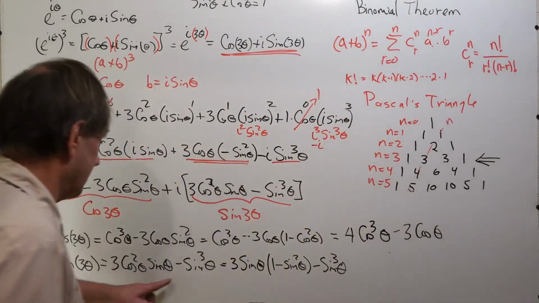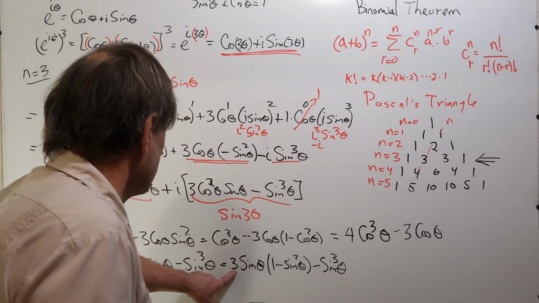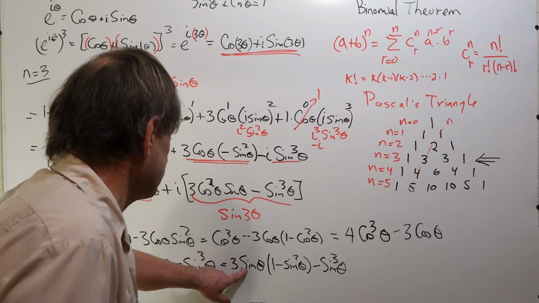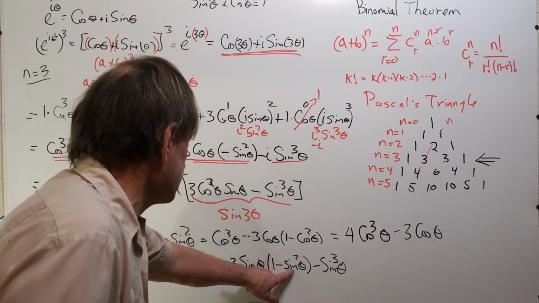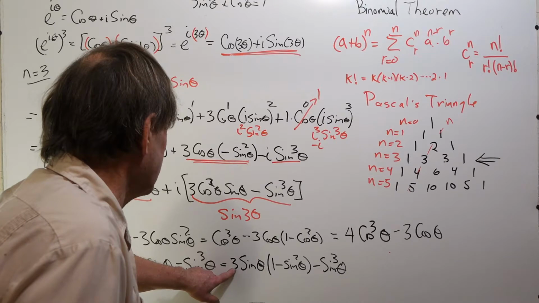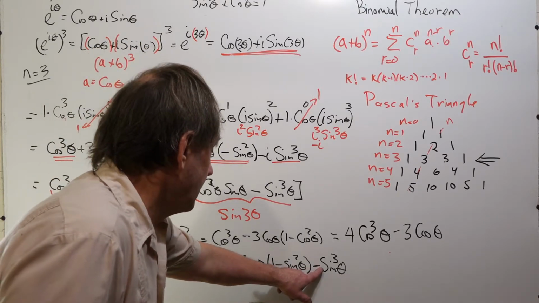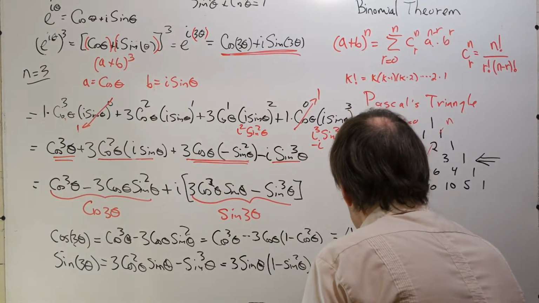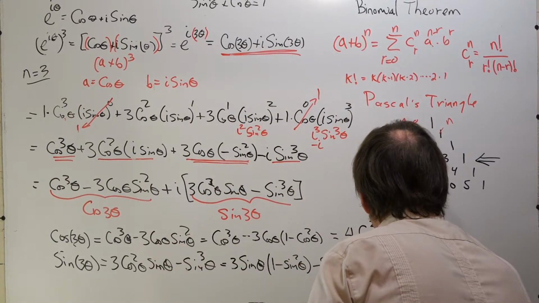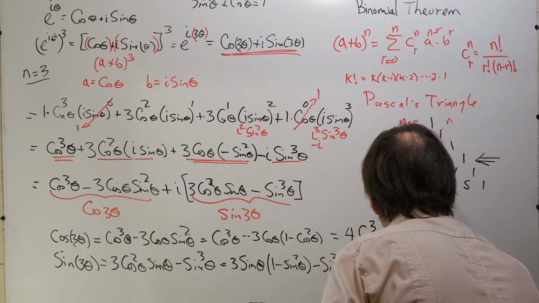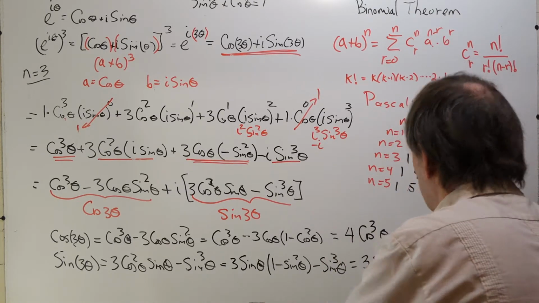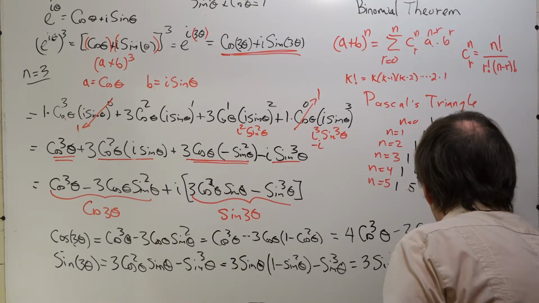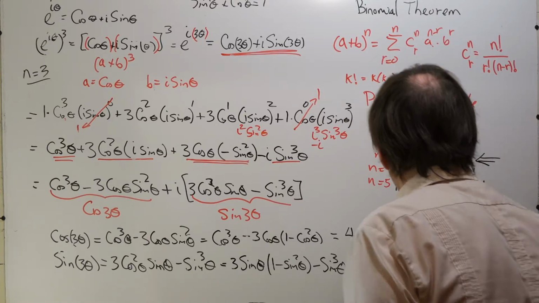And the same thing happens here. We have the sine of 3 theta, 3 times the sine of theta times 1 minus sine squared, so this gives us minus 3 sine cubed minus sine cubed, so this gives us a minus 4 sine cubed. So this now becomes 3 times the sine of theta minus 4 times the sine cubed.